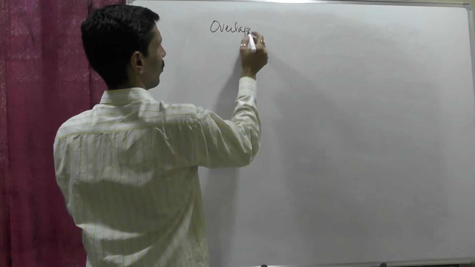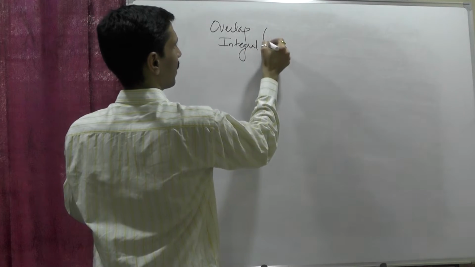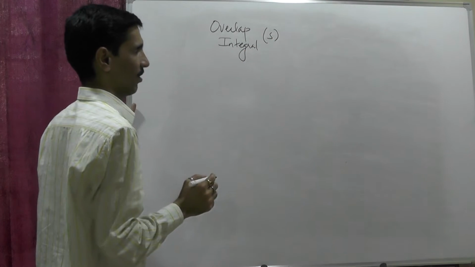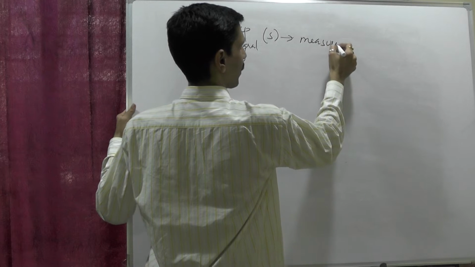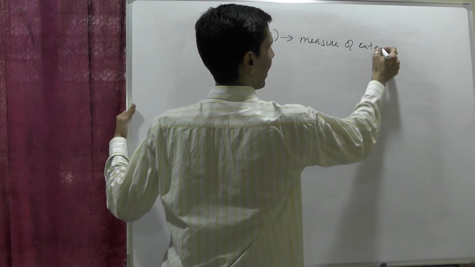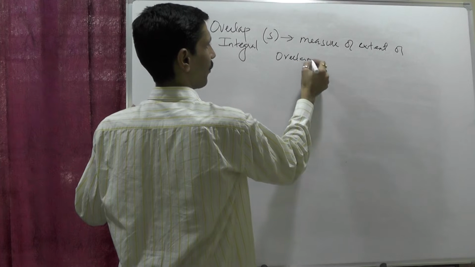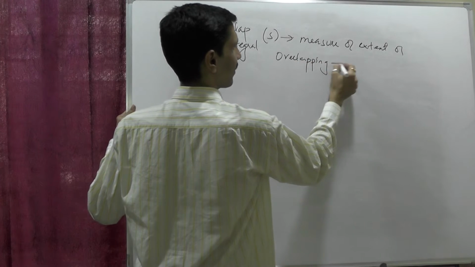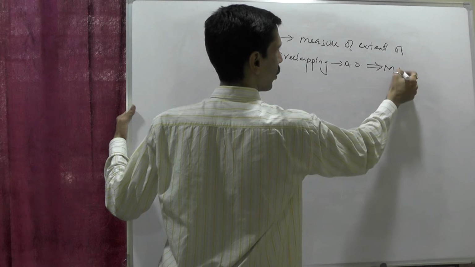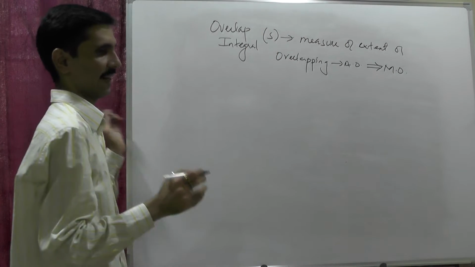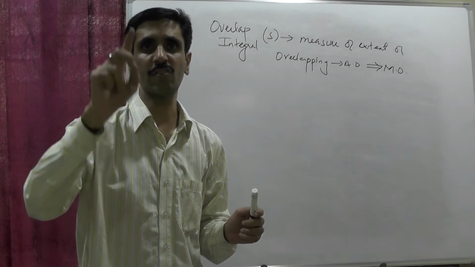Now my dear friends, in simple words, overlap integral, symbol S, is the measure of the extent of overlapping of the atomic orbitals which results in the formation of molecular orbitals. That is what overlap integral is all about. It is the measure of the extent of overlapping.